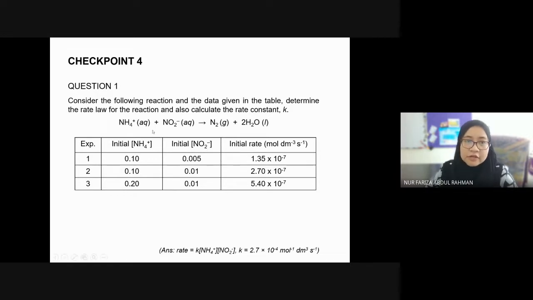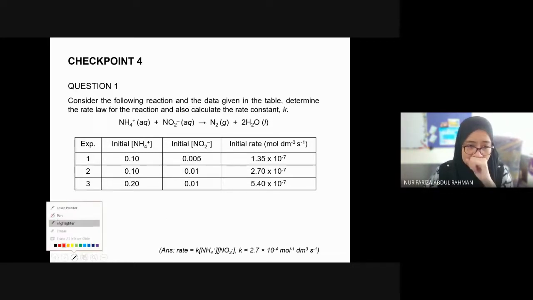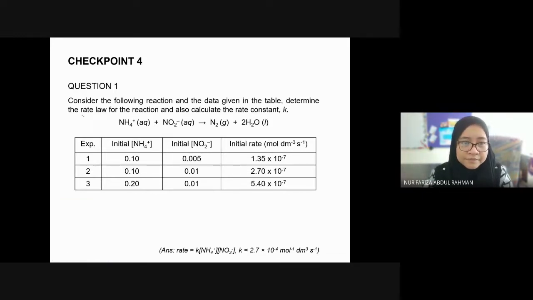Okay, all right. So for this question, consider the following reaction and the data given in the table. Determine the rate law for the reaction and also calculate the rate constant K. All right, so this question is almost the same as the previous question that we had.